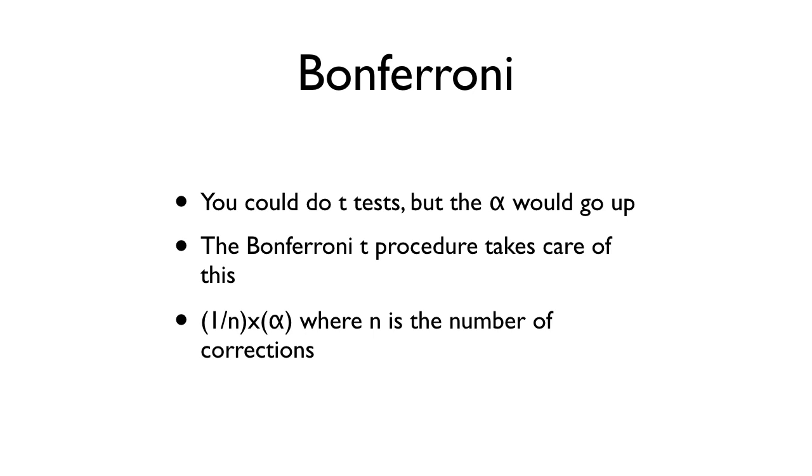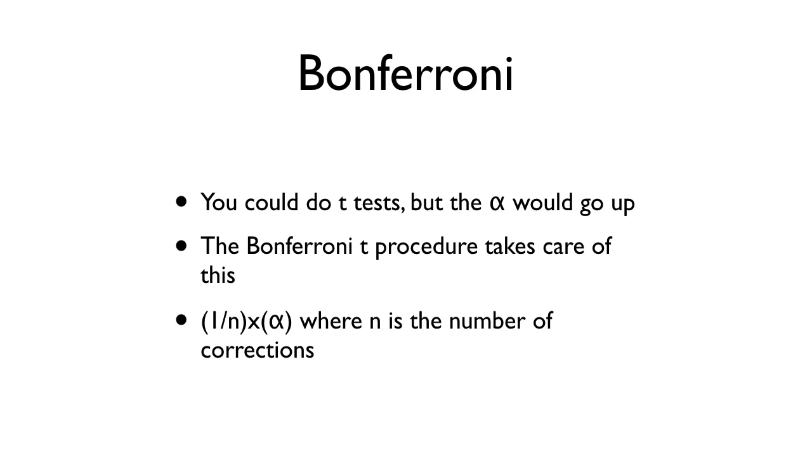So it's 1 divided by the number of comparisons you're going to do. So if it's 3 comparisons, 1 over 3, a third, times the alpha. In other words, instead of 0.05, now it's 0.05 divided by 3. And for 2 or 3 comparisons, that's probably fine.